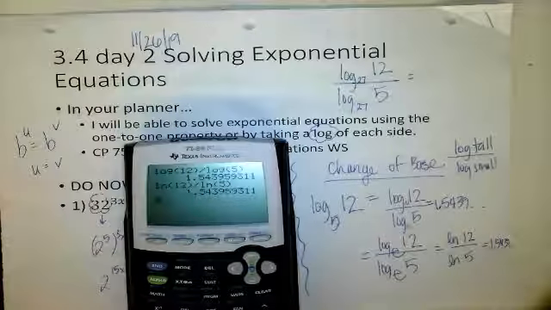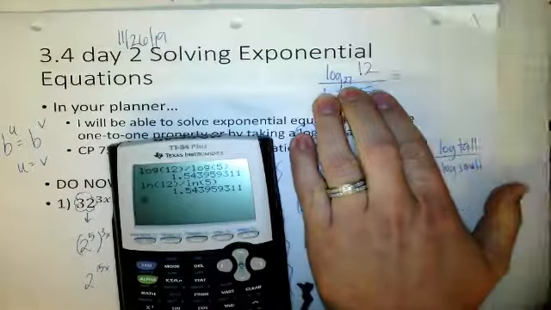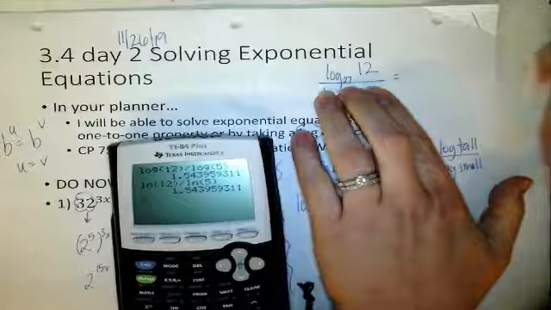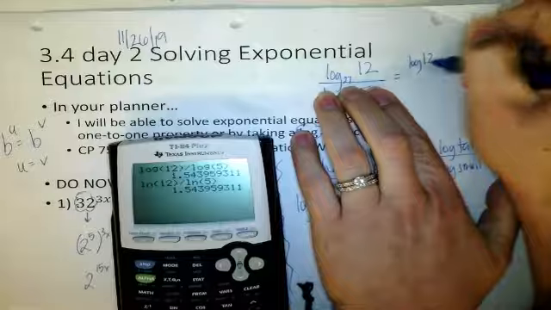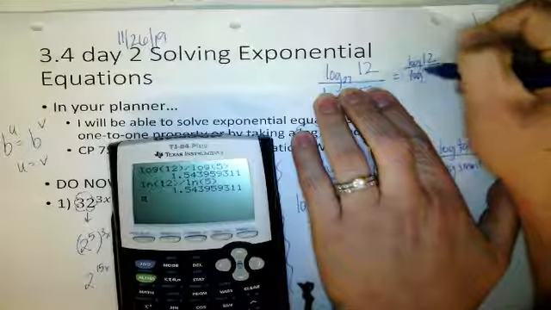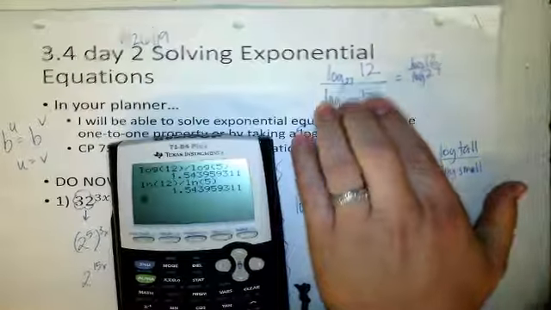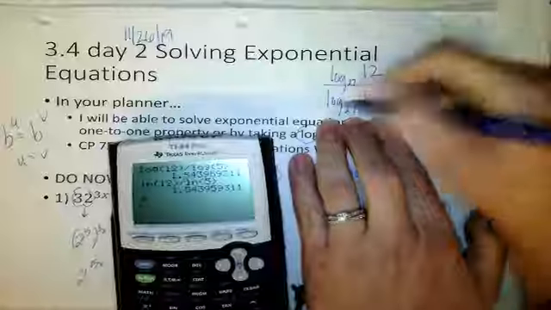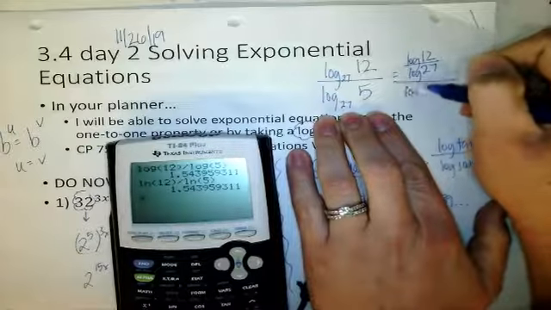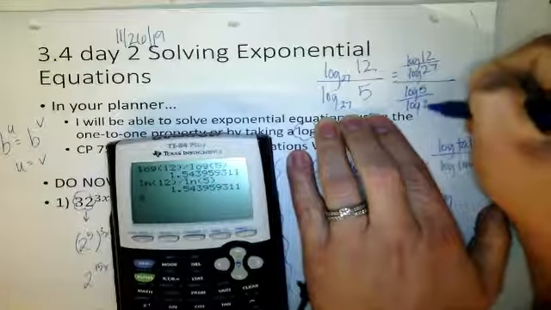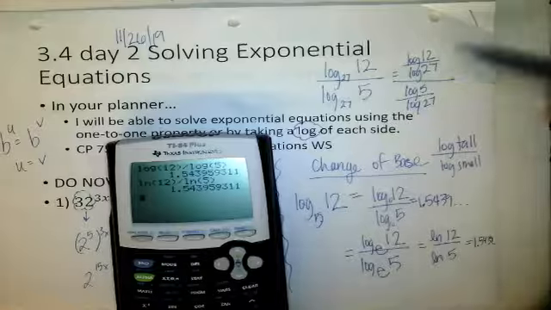The reason is because I could use change of base again on just the numerator and rewrite it as log 12 over log 27, and on the denominator and rewrite it as log 5 over log 27. Now that's a complex fraction.